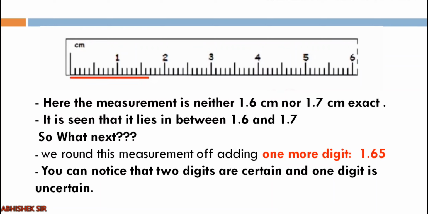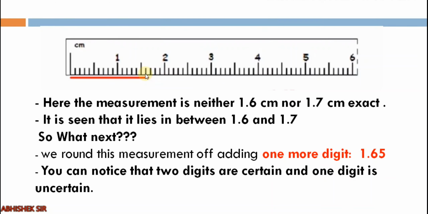Here you see a scale, and below that scale you see a red line. To be very precise, if we start from 0, this is 0.1, 0.2, and here we complete 1 full centimeter. The next division will be 1.1, then 1.2, 1.3, 1.4, 1.5, 1.6.